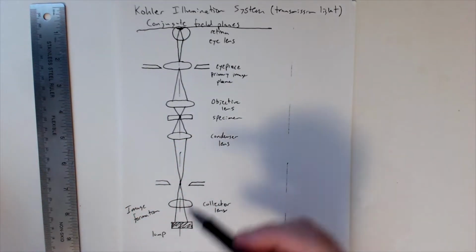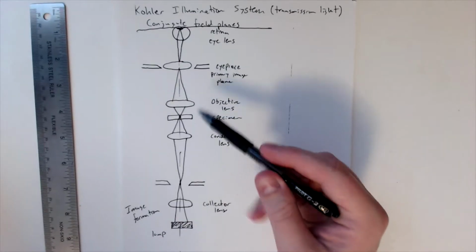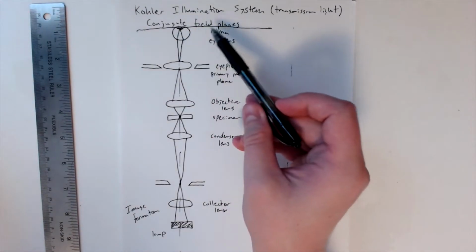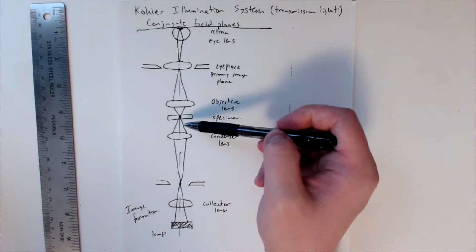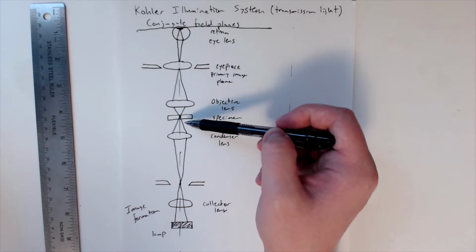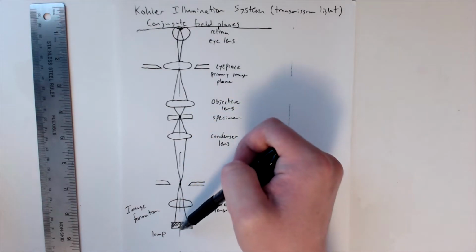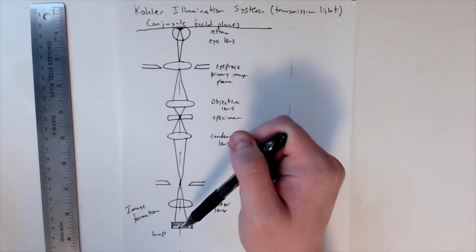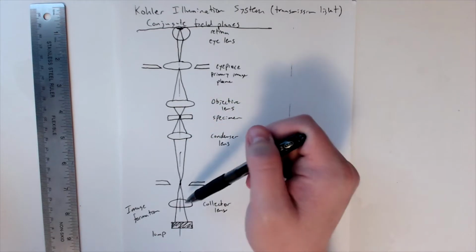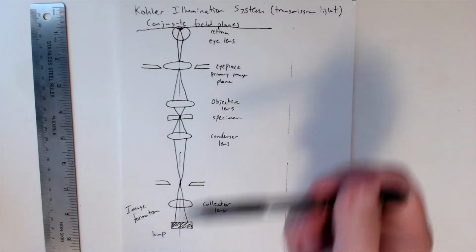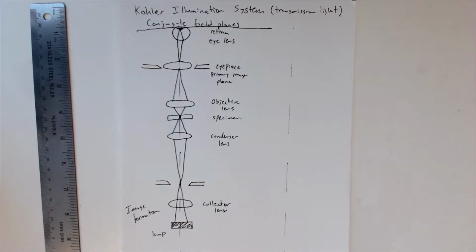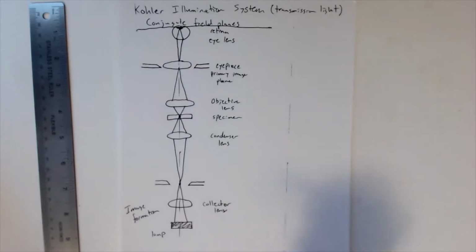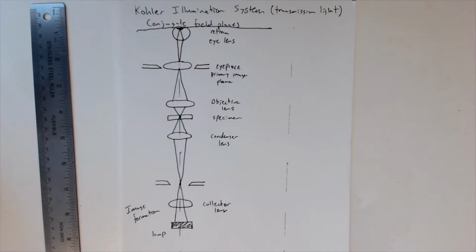Right. And the key here, and the reason we call it conjugate field planes, is because if we think about the ray diagram below the specimen and above it, they have the same pattern of these two lenses in the way that the light corresponds with those lenses. So it's conjugate on either side of that.